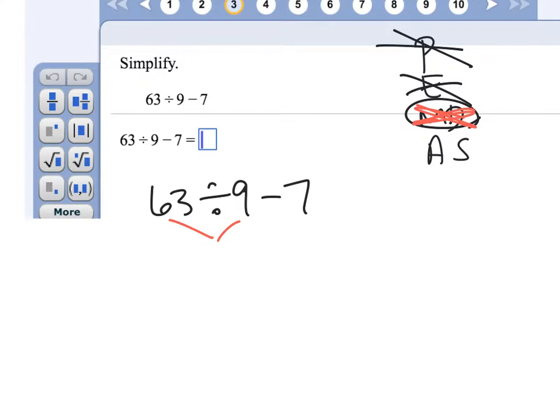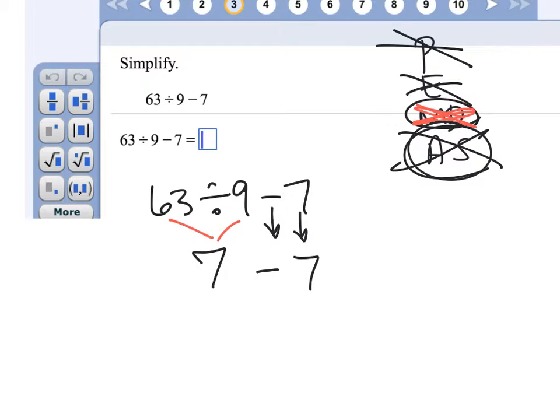And so 63 divided by 9 is 7. And then we're going to bring everything else straight down. And now we have addition and subtraction to do, but we have no addition, so we can just jump straight to that. Subtraction, 7 minus 7 is 0, and that's our final answer.